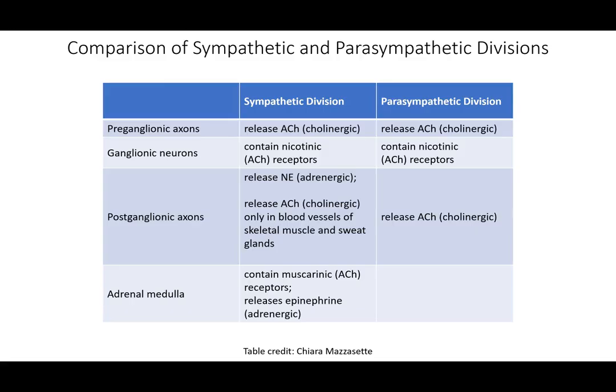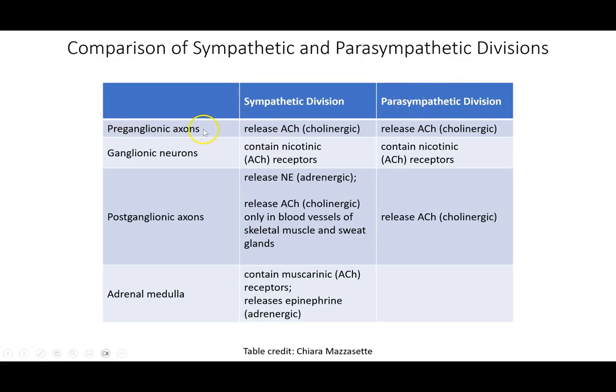So here is a quick comparison table of the sympathetic and parasympathetic divisions of the nervous system and kind of what's going on with the neurotransmitters and receptors in each of those subdivisions. So preganglionic axons found in the sympathetic division are going to release acetylcholine, and that is also going to be true in the parasympathetic division.